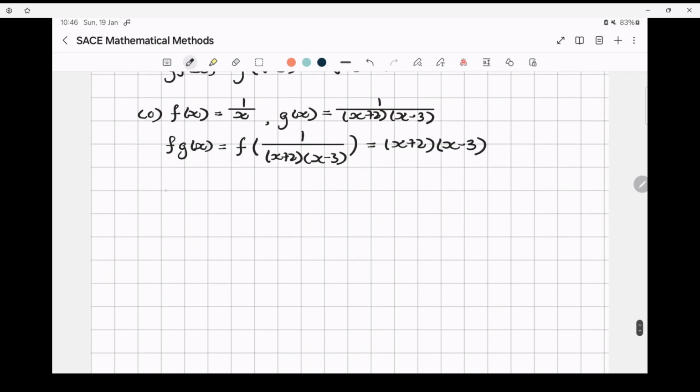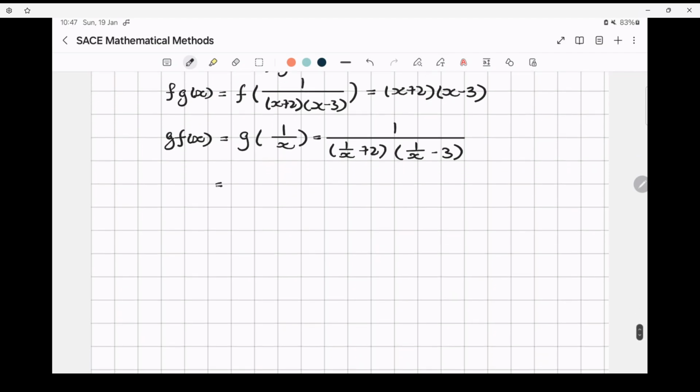Second one, g of f. So this will be g of f, which is 1 over x. So this will be (1 over x plus 2)(1 over x minus 3).